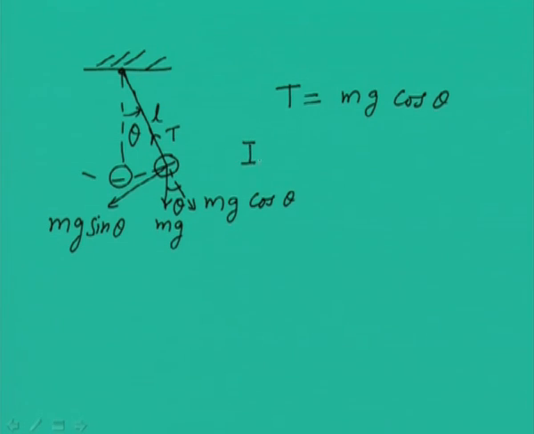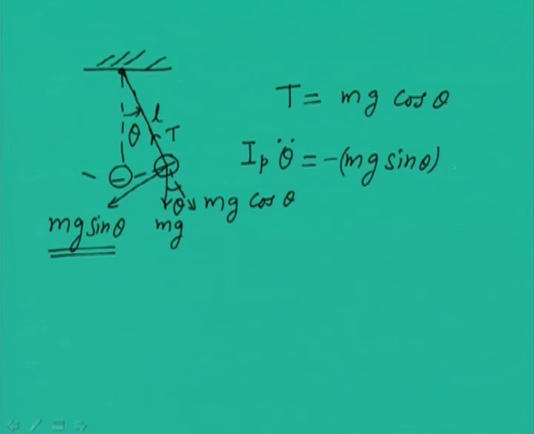So, that is IP, the polar mass moment of inertia of the bob about its rotation, into the angular acceleration, should be equal to the external moments. The external moment is coming from this force, and you can see that it produces a moment opposite to the theta direction. So, that moment will be negative mg sin theta into L, where L is the length of the cord.